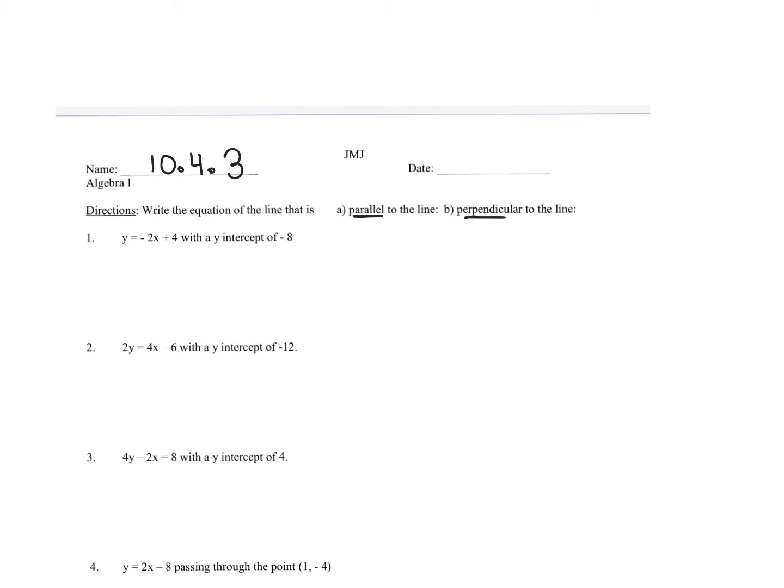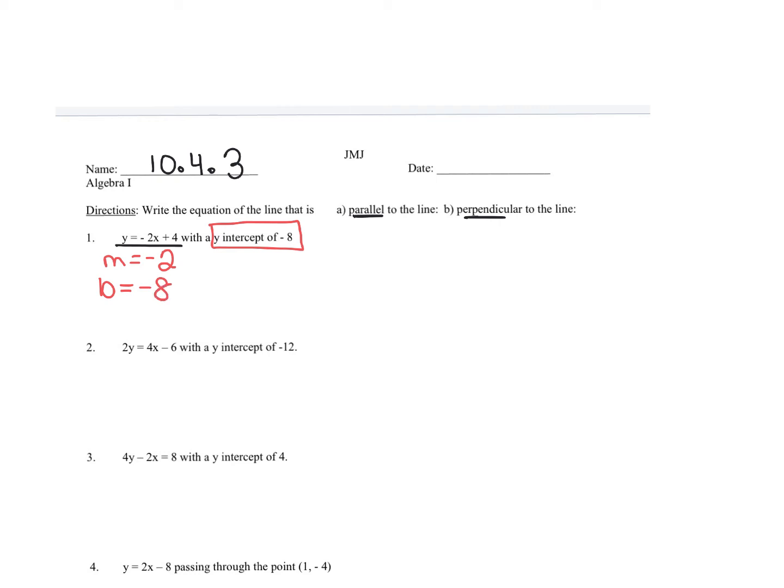So we're going to take the first equation, y equals negative 2x plus 4, and it's telling us it has a y-intercept of -8, so we don't have to do any kind of extra work here. From that line, I know my slope is -2, and because of this piece of information, I know what the intercept needs to be.